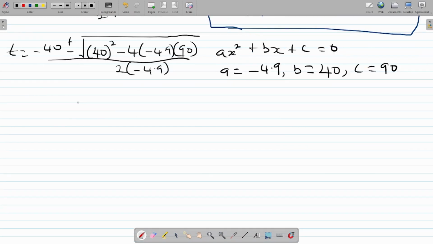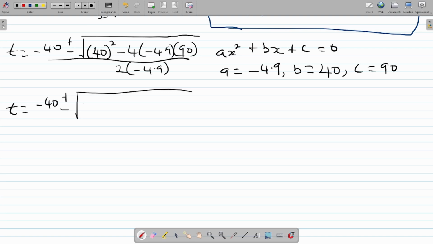Remember, what are we solving for here? We're solving for our time. We say our t is equal to negative 40 plus or minus. So 40 squared is going to give you 1600. Let me confirm that.